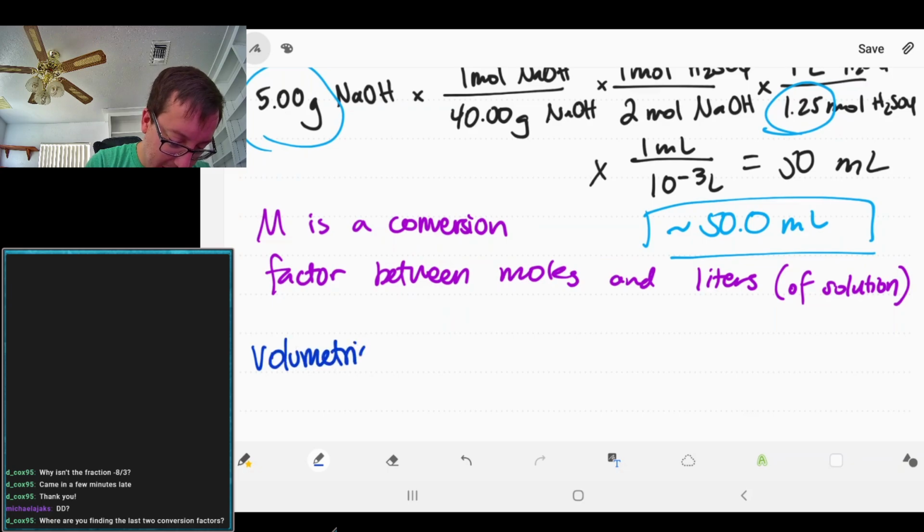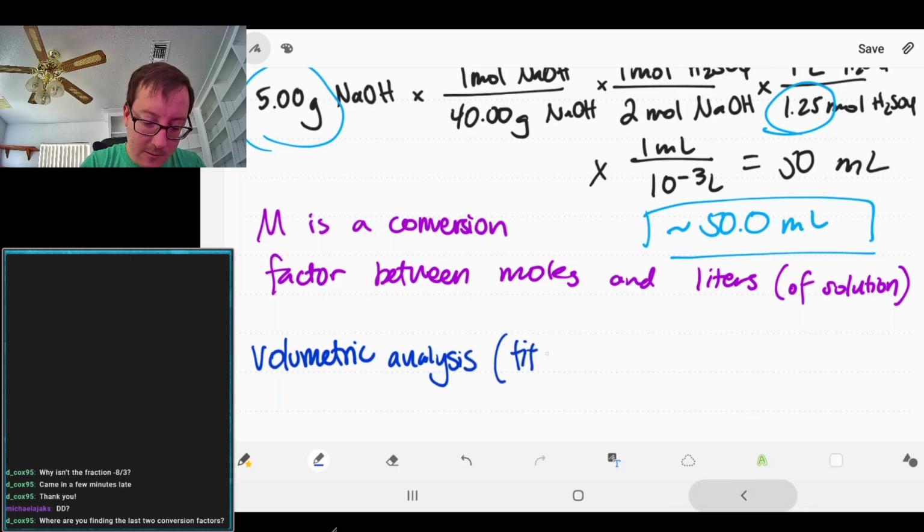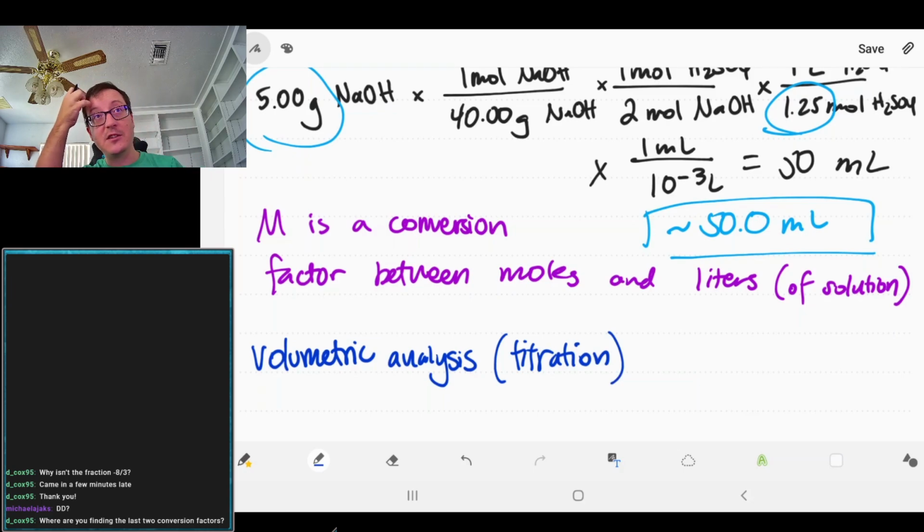This is a skill called Volumetric Analysis, also known as titration. You'll have a lab simulation on this soon enough.